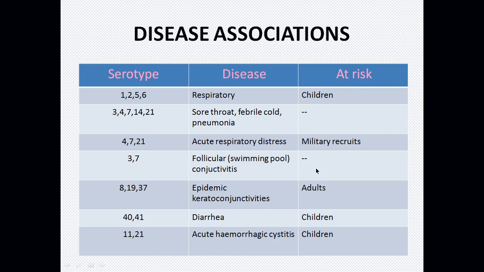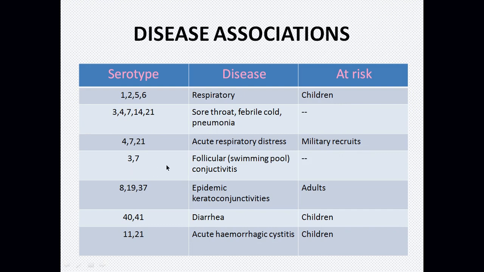The diseases that are produced by these serotypes are as follows. Serotypes 1, 2, 5, and 6 cause respiratory diseases mainly in children. Serotypes 4, 7, and 21 cause acute respiratory distress illnesses, particularly in military recruits.